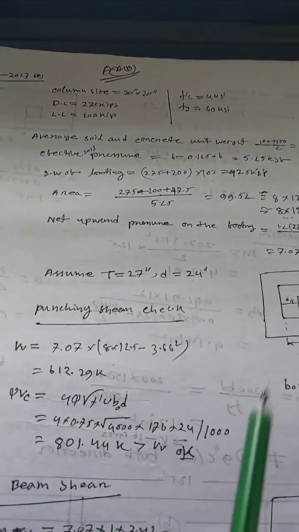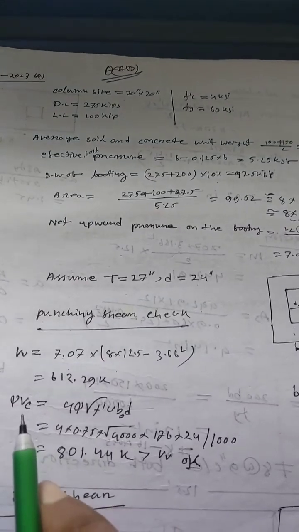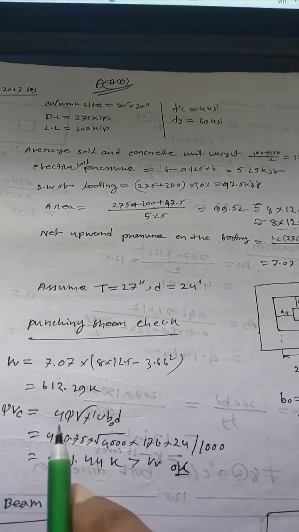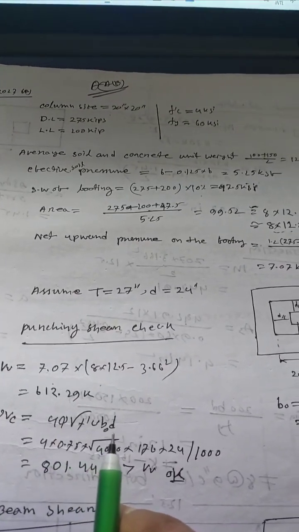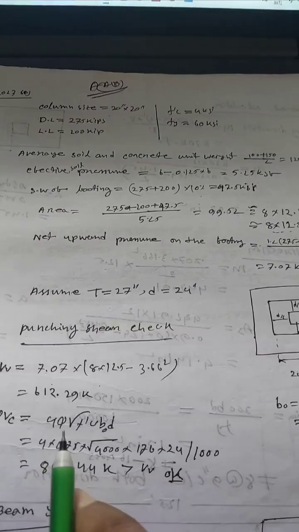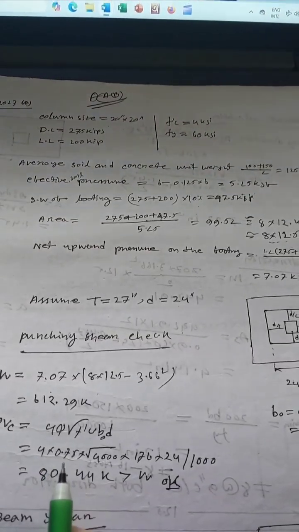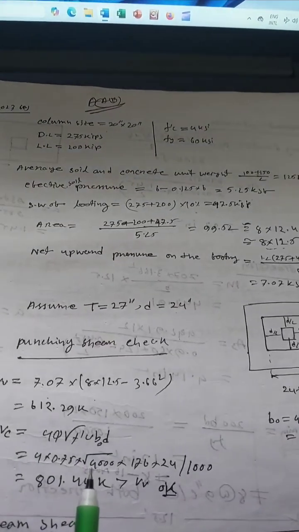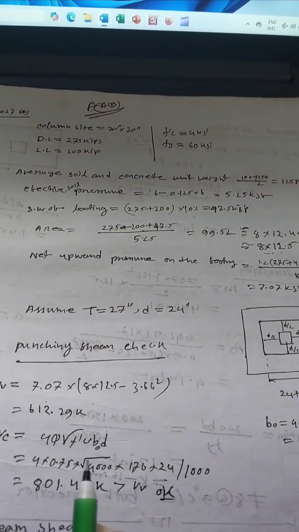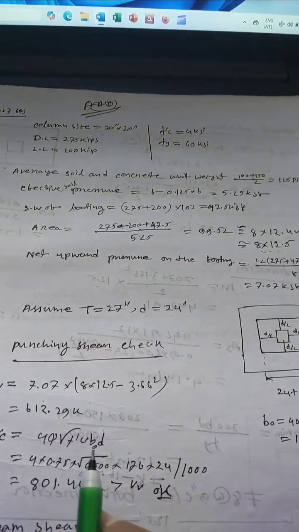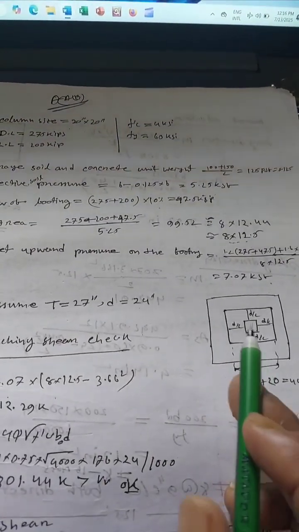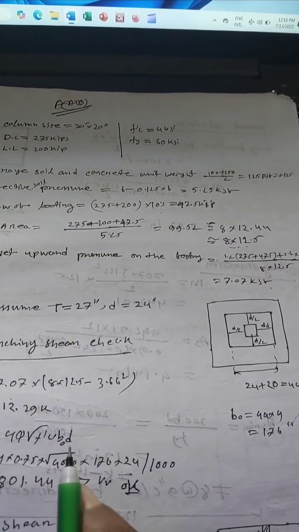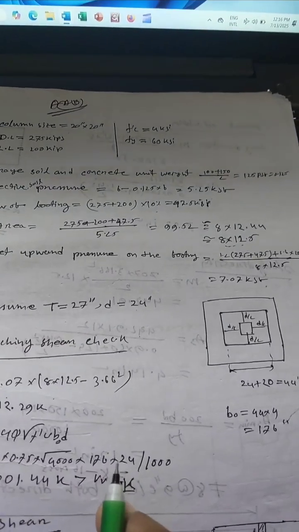Now we have to calculate allowable shear for concrete. Allowable punching shear for concrete equals 4 phi root f'c times b0 d. Here phi is 0.75, and f'c is 4,000 psi, b0 is the perimeter of the punching area of the footing, 176, and d is the depth of the footing without cover.